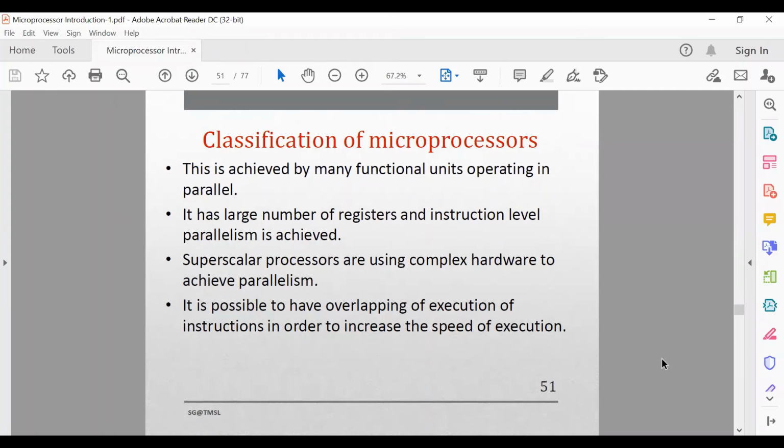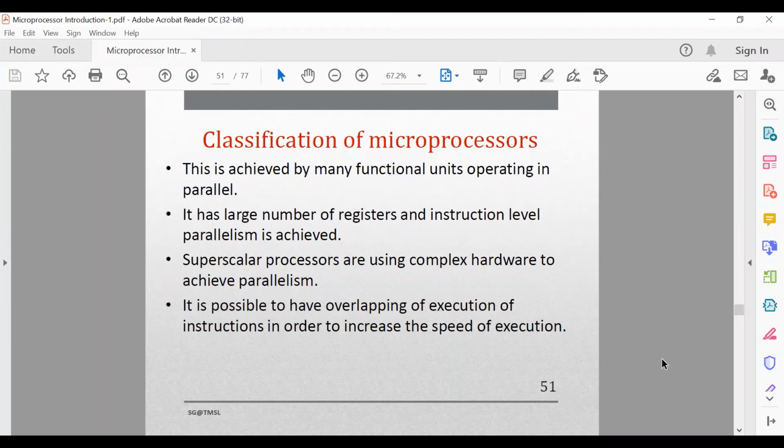So one after another, before one finishes, the next one starts. Suppose there are multiple instructions which were written sequentially one by one. When the first instruction is being executed, the second instruction will be fetched and decoded, and when the second instruction is decoded, the third instruction will be fetched at the same time.